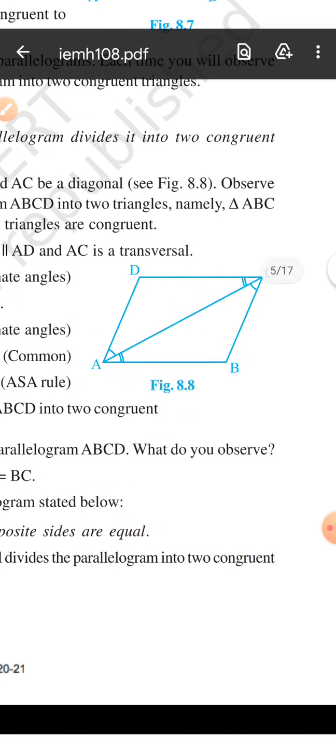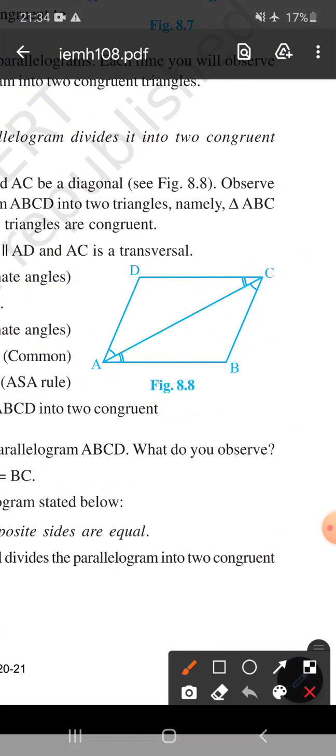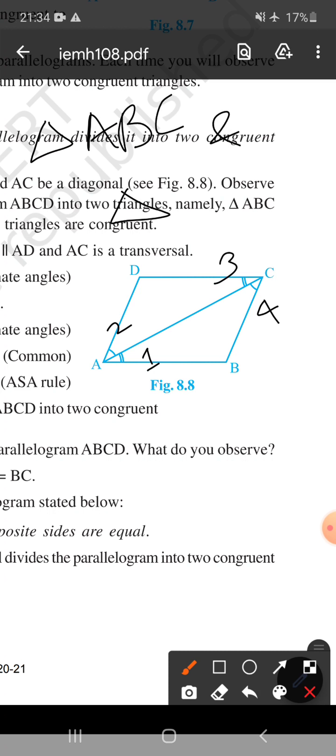Let us name these angles. This is angle 1, this is angle 2, this one is triangle CDA.